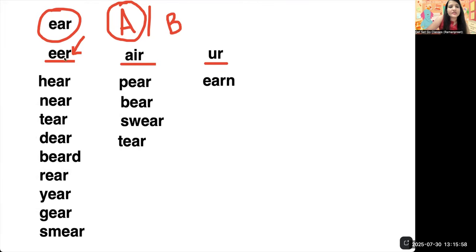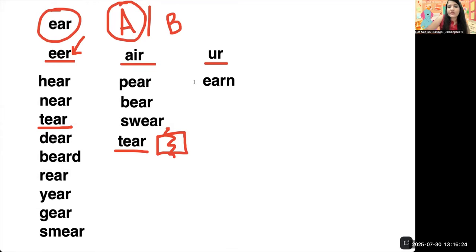Now, if I say this word tear, and if I say tear, you have different meanings. So this is tear, the ones when you cry, those are tears. And this tear means when you rip a paper. Don't tear the paper. So that's how the spellings are the same, but the sounds are different and the meaning of the word is also different.